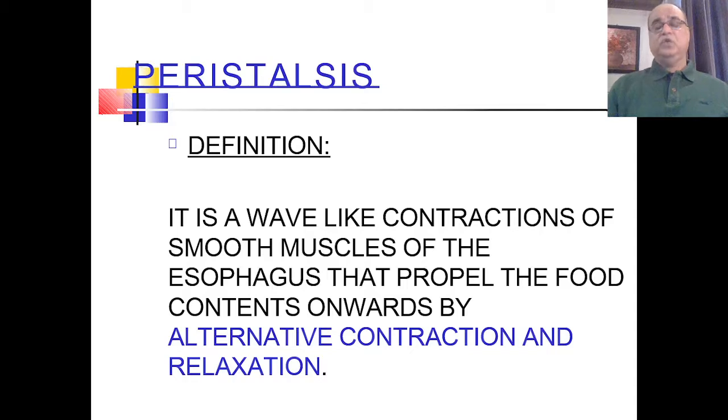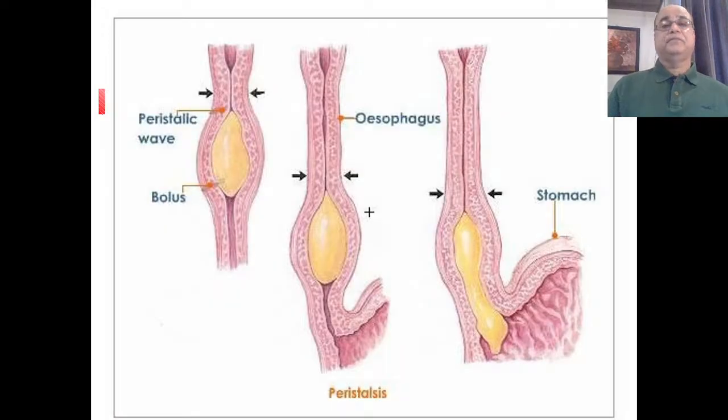Peristalsis, from your physiology knowledge, you must know that it is a wave-like contraction of the smooth muscles of the esophagus that propels the food contents onwards by alternate contraction and relaxation of the esophagus. As you can see in the picture, the food bolus is going on.